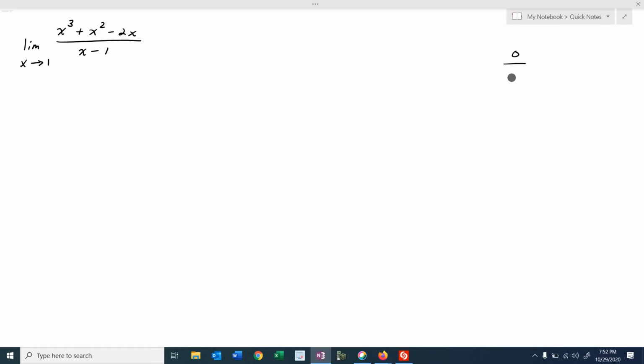So anytime you have an indeterminate form of either 0 over 0 or maybe plus or minus infinity over infinity, you can use L'Hopital's rule. And here's what L'Hopital's rule says.